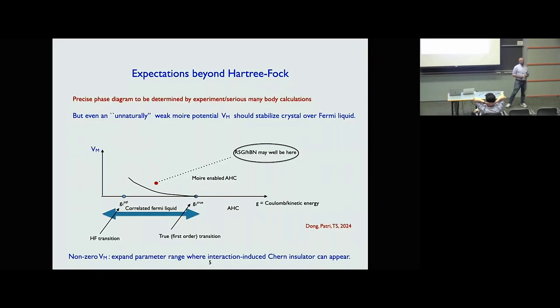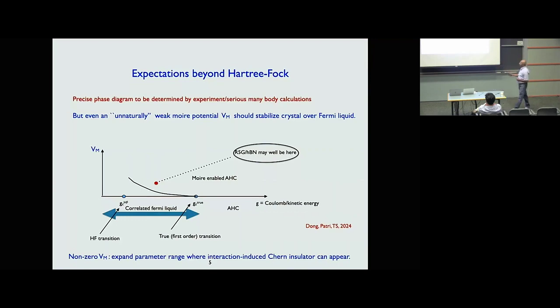Right? Now, from experience with Wigner crystallization in the 2D electron gas or the 3D electron gas, you might expect that Hartree-Fock overestimates the stability of the crystal compared to the liquid. Right? So, in general, we should expect that the true transition occurs at a much larger value of this parameter than what you might naively expect based on Hartree-Fock.